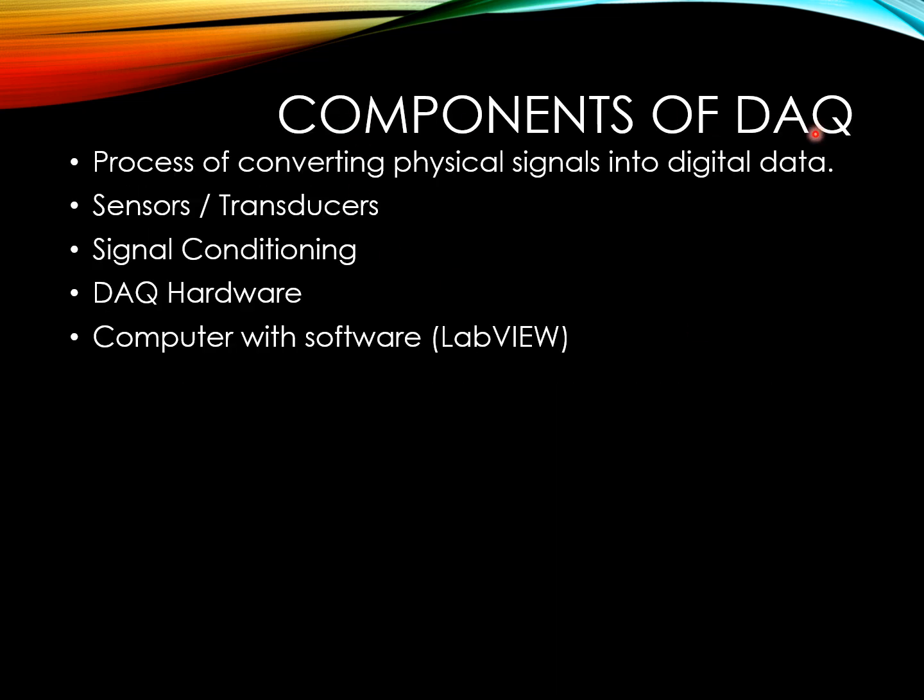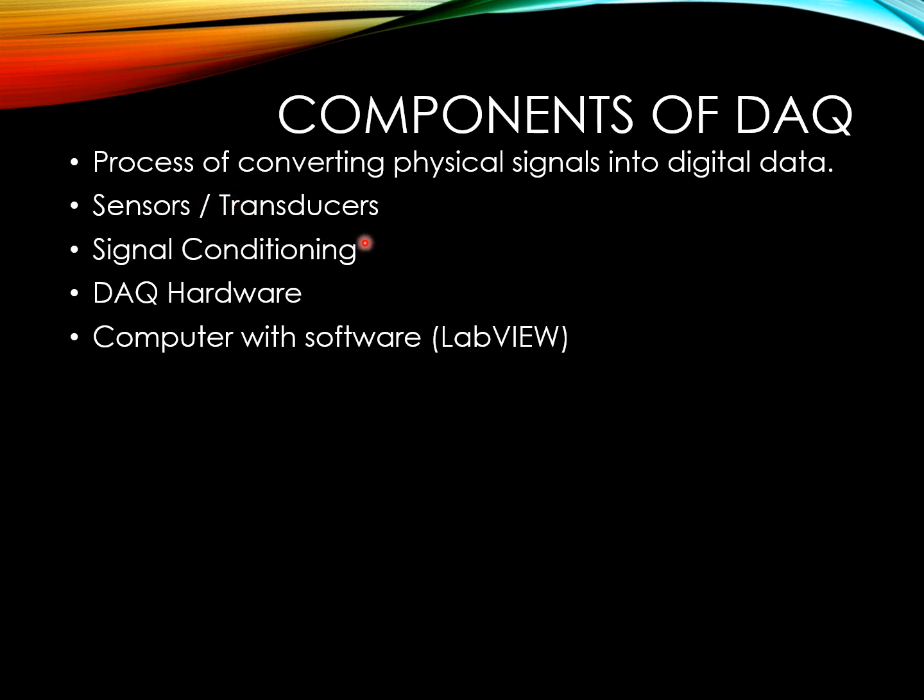A DAQ will have the following components. It is a process which converts the physical signal into digital data. It also includes sensors and transducers, where a sensor converts a physical signal into another physical signal.